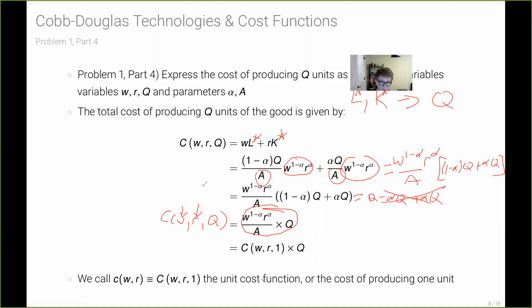So if we call this term right here the cost of producing 1 unit, it's just multiplied by Q. And so you can see that we can break up the cost of producing Q units into this cost, which is standard for producing 1 unit, times however many units there are. This part right here is the unit cost function, and this is the number of units we wish to produce.